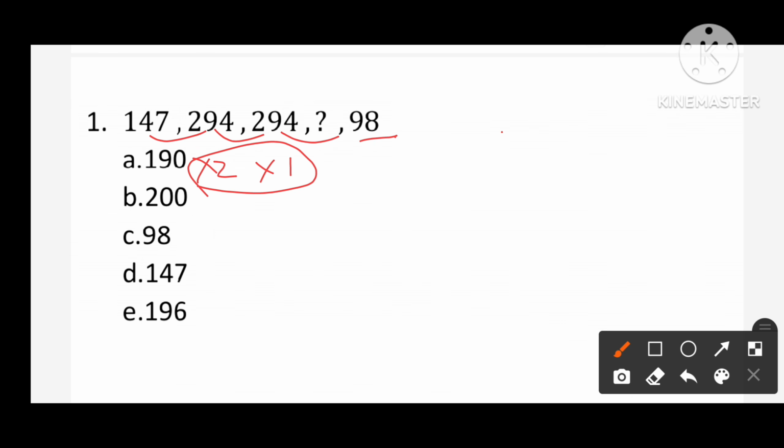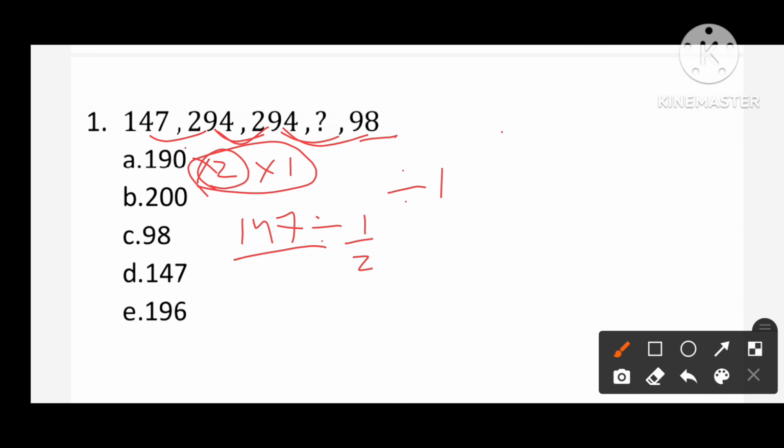So we can write this as 147 divided by half. So 147 divided by 1 divided by 2 means 147 two times. So divided by half times. Next one is divided by 1 times.